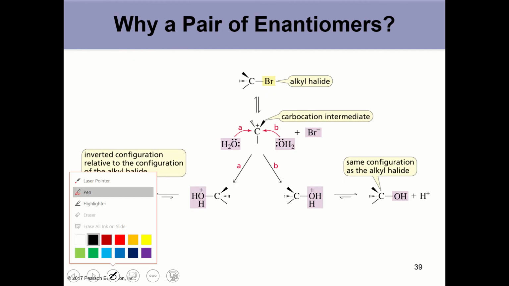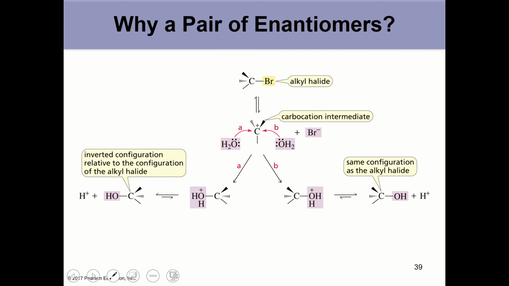So here's a depiction of that. We have an alcohol here. We have the alkyl halide and the halogen falls off. We then have this planar sp2 hybridized carbocation. Water can bond to either side of the carbon. If it bonds at side A, we get this enantiomer.